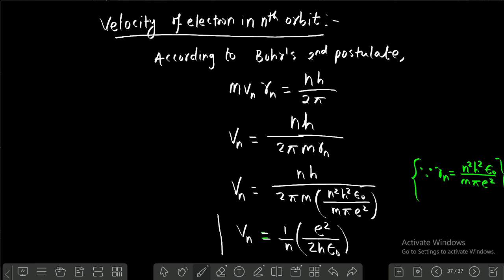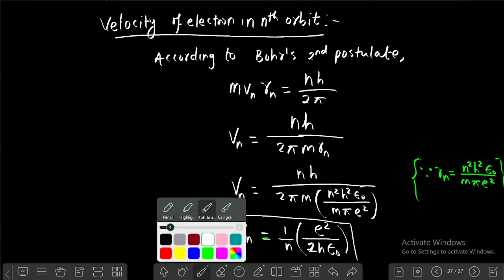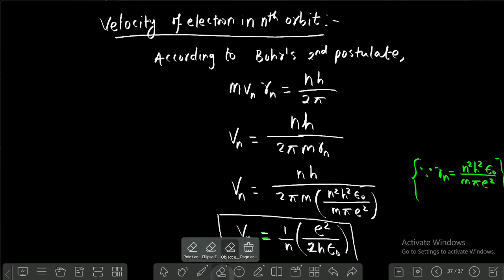M will not be there. So this is the velocity of the electron in the nth orbit, when the electron revolves around the nucleus in the nth orbit. Pi and m cancel and do not come into the picture; e square and h will be there.